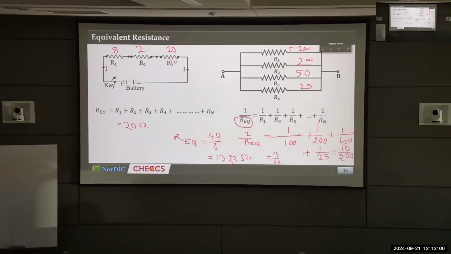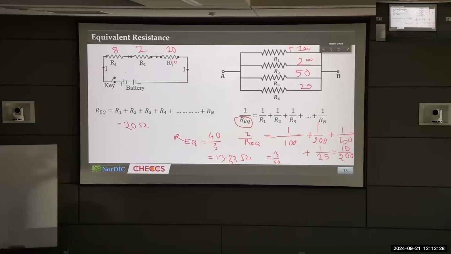See my point? So give them a few minutes and say the battery is 5 volts. Can you tell us what I1, I2, I3, V1, V2, V3 are for both circuits? Please start.